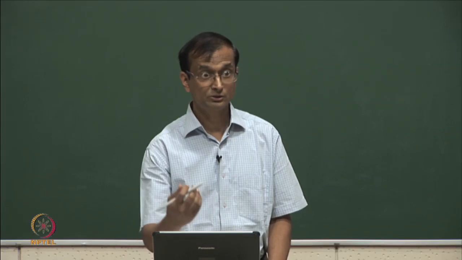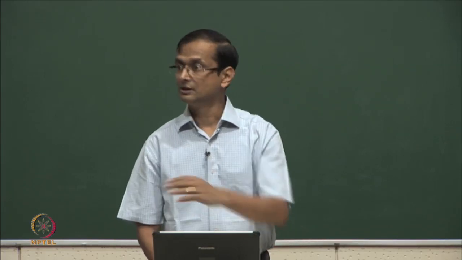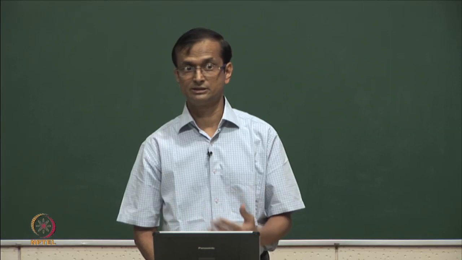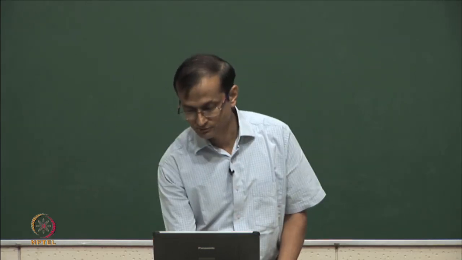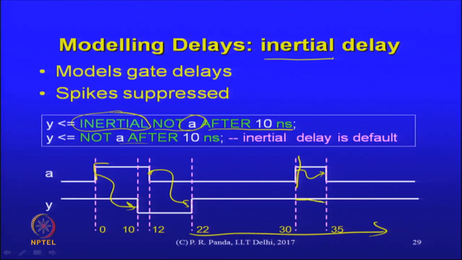It has not fallen all the way down to the logic level that we would recognize as logic 0. So, we are somewhere here in the middle, but A goes down to 0.